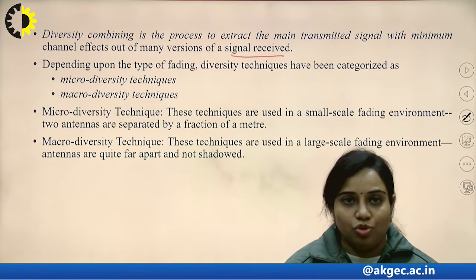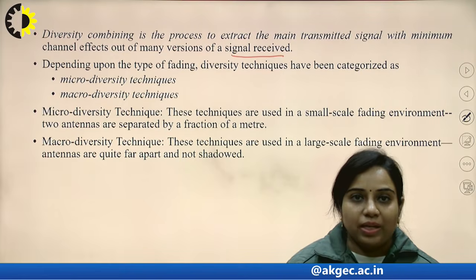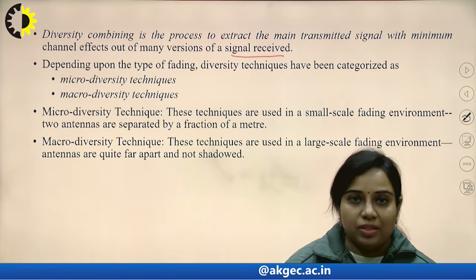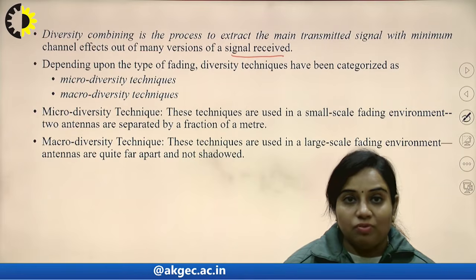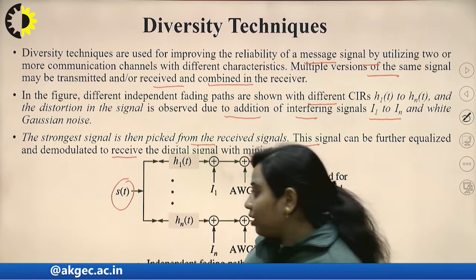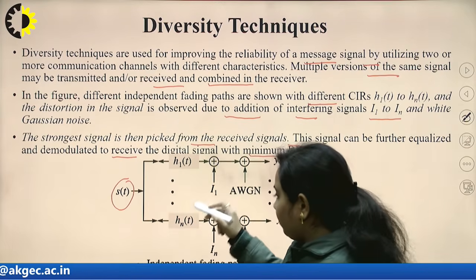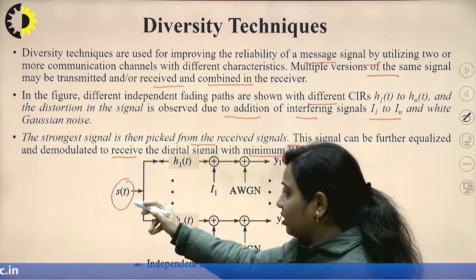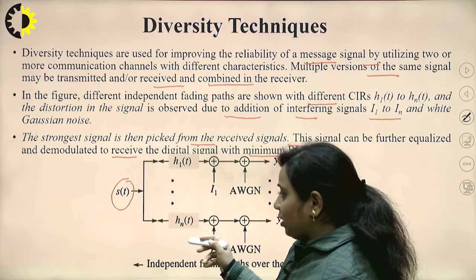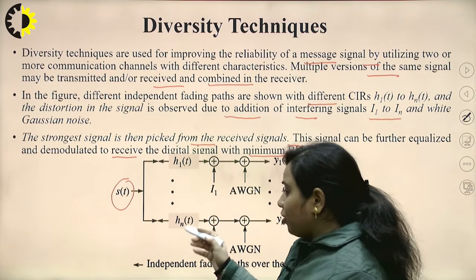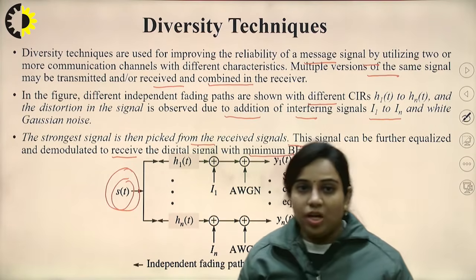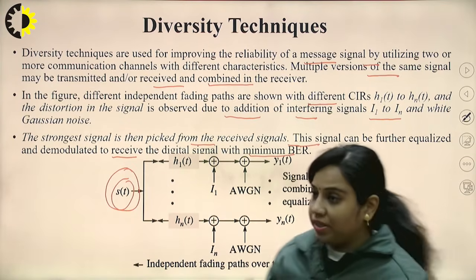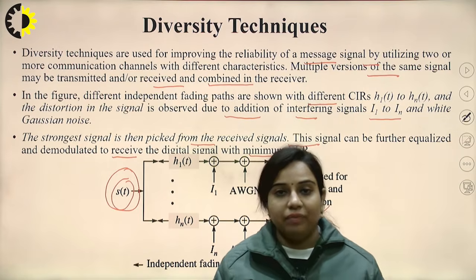Whatever signal we have received, we have to extract the main transmitted signal, as given in this diagram. Since we have divided this single signal into n number of signals, we want to extract the original information from the different received signals.